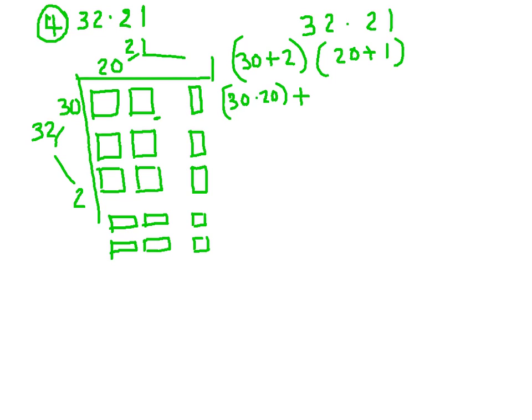And then I have 30 rows of 1. And in the next array, I have 2 rows of 20 and 2 rows of 1.